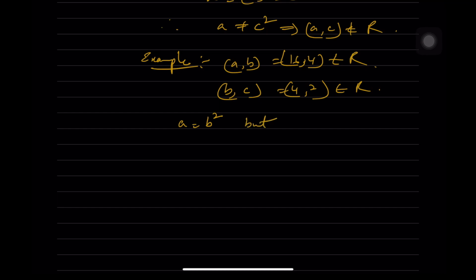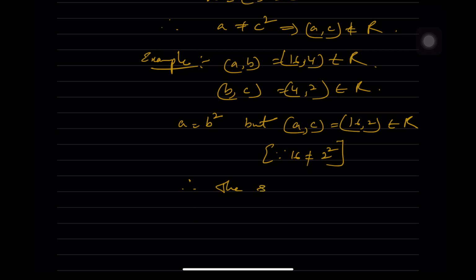But AC, which is equal to (16, 2), does not belong to R, since 16 should be equal to C square, that is 2 square, so it is not equal to 2 square. Therefore the statement is false.